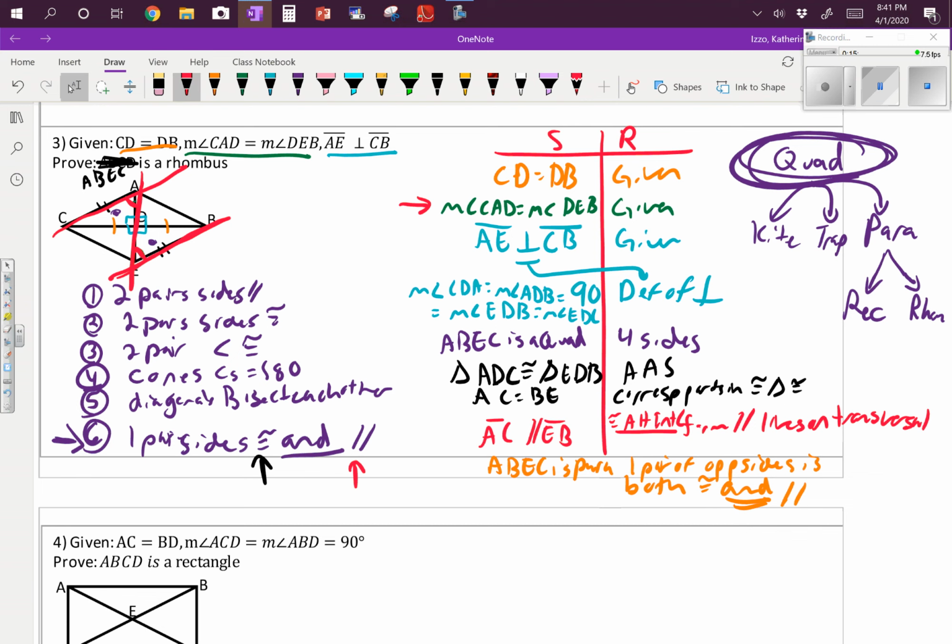Okay, so we've proven parallelogram. And if that was our mission, we'd be done. We have proven parallelogram. Cha-ching for quad, cha-ching for parallelogram.